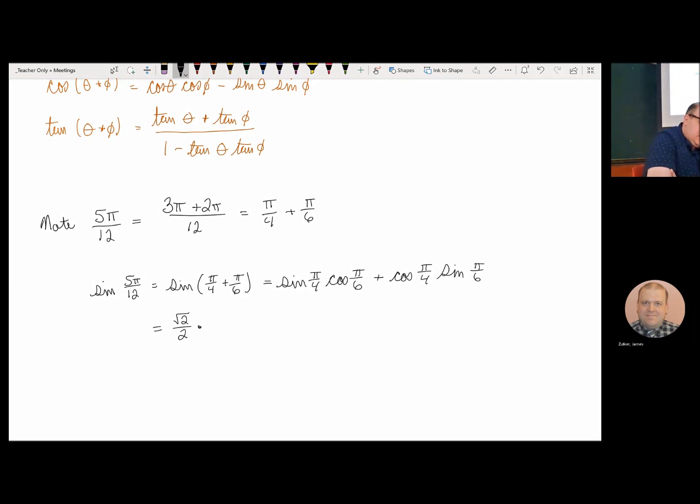Root 3 over 2, of course. Yeah, 1, 2, 3, 2. Cosine of pi over 4 times sine of pi over 6.